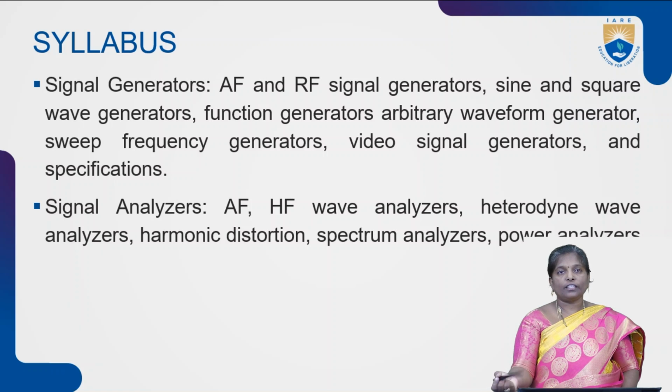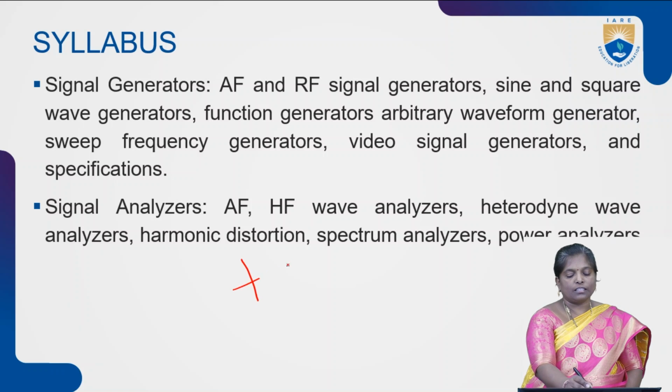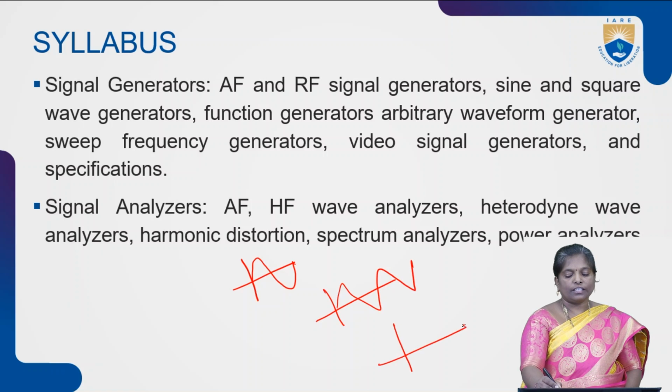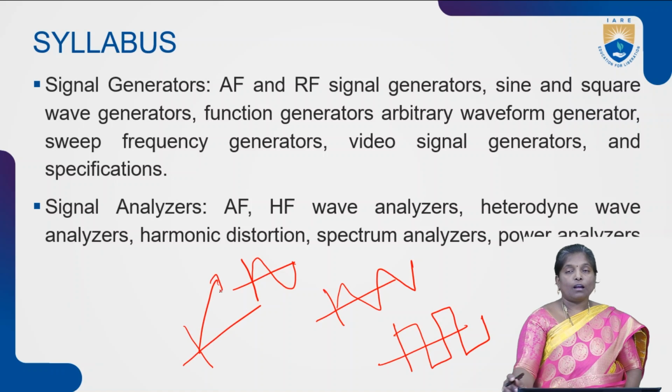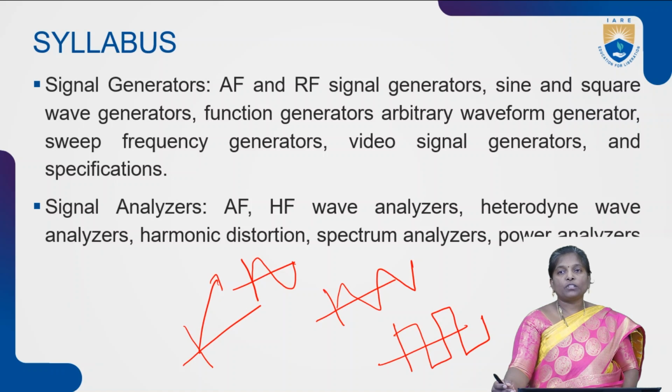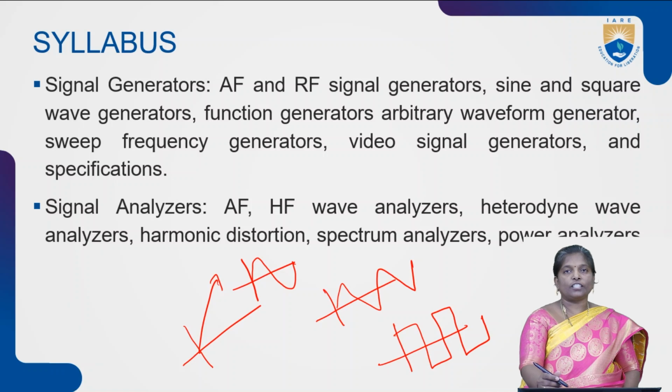Here we can generate a sinusoidal signal, a triangular wave, a square wave and a ramp signal. These are the different types of signals that we can generate with the help of signal generators.